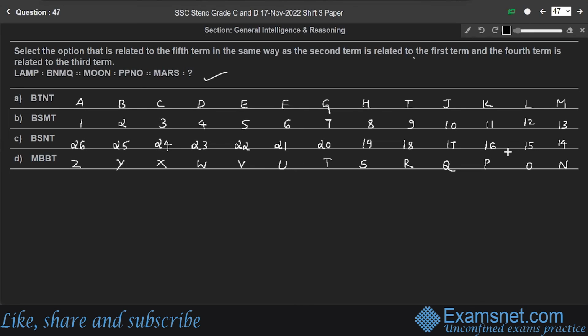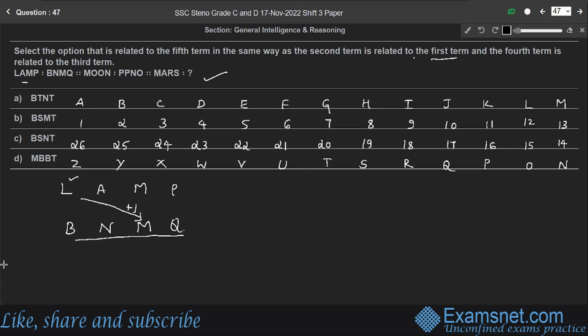Question 47. Select the option that is related to the fifth term in the same way as the second term is related to the first term and the fourth term is related to the third term. So we'll consider the first two terms. Here LAMP is coded as BNMQ. L is coded as M, L plus 1 is M. The first letter of the given word is coded as the third letter of the code.